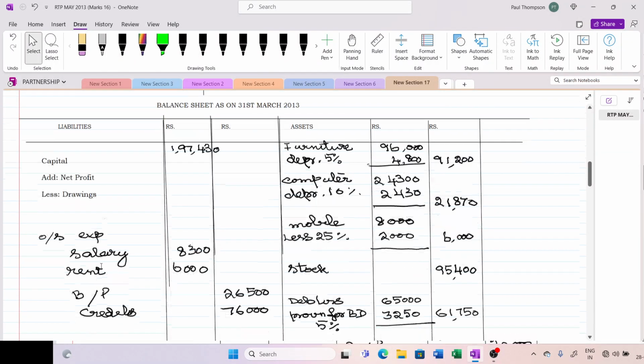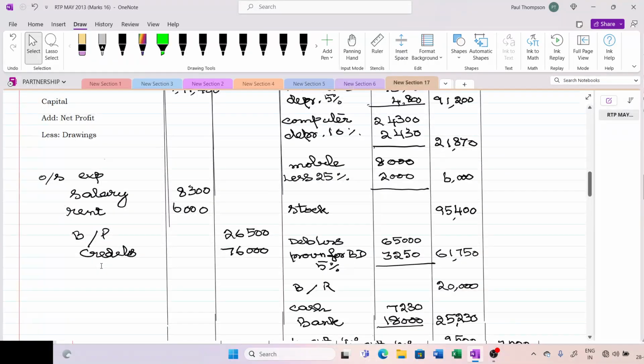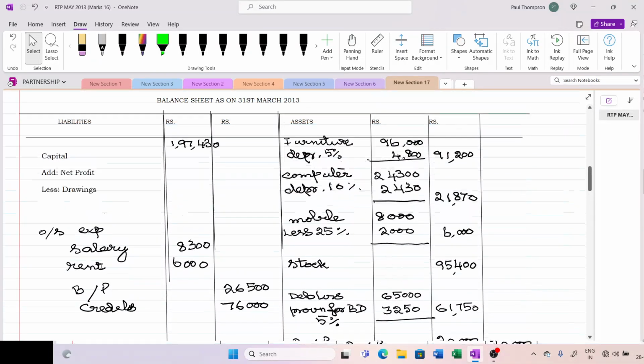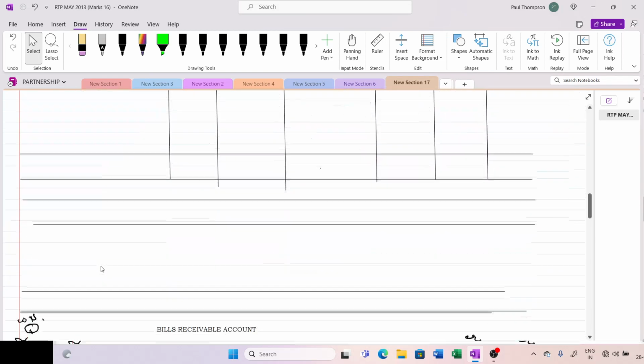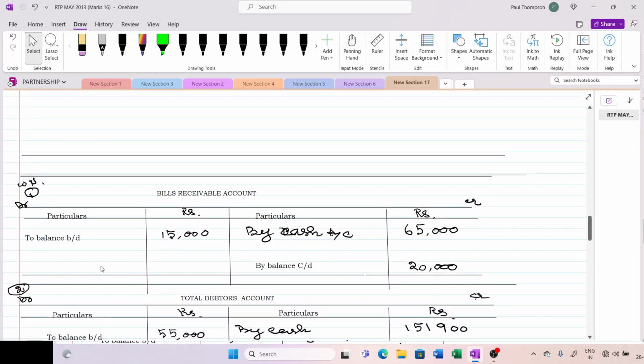Now let us close each item. Okay, so let us first close this cash and bank balance. We will close the bills receivable account. So bills receivable, the total comes to 85,000. This will be 70,000, the bills receivable received during the year.